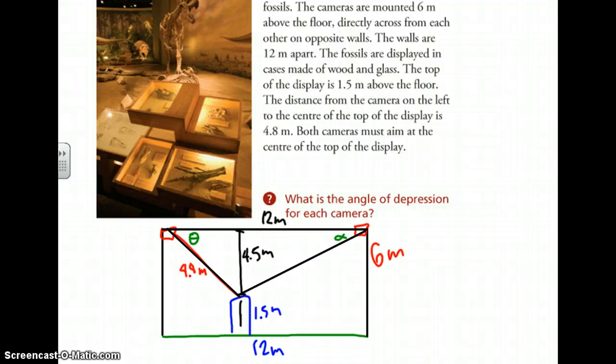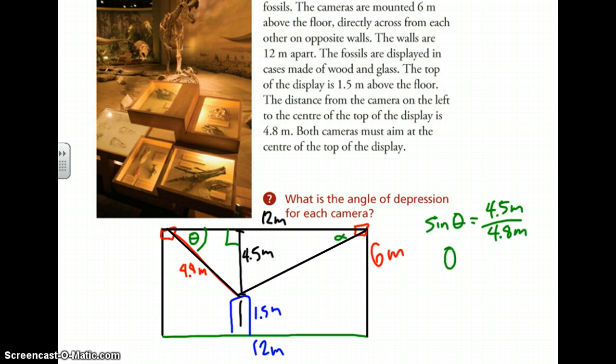So where does that leave us? Well, if we look at that 4.5 meter part, this part here actually forms a right triangle, which we could use to solve for theta. We have the opposite and hypotenuse, so sine theta equals opposite over hypotenuse.